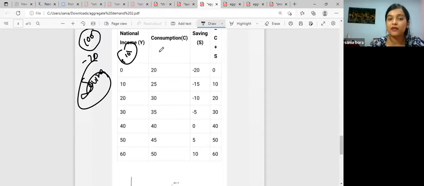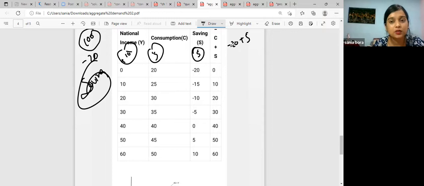Over here, you will add 5. 20 plus 5, 25, 35, 45, 55, like this. Here also you will add 5, but you have to add 5 in minus 20. So just remember, this is very important. Minus 20 plus 5.